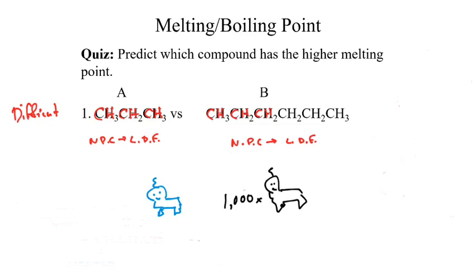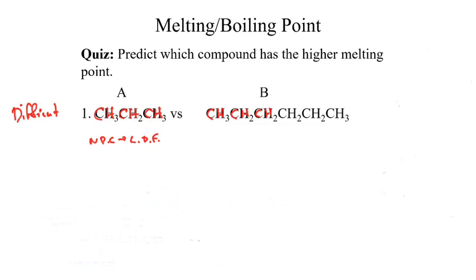So the number of intermolecular forces contributing also changes your melting point. When we look at that larger molecule, okay, what happens? Yes, at each individual point of interaction, we generate a London dispersion force. Okay, and that individual London dispersion force is the same strength. But when we look at A, we'll get, say, 4 interactions.